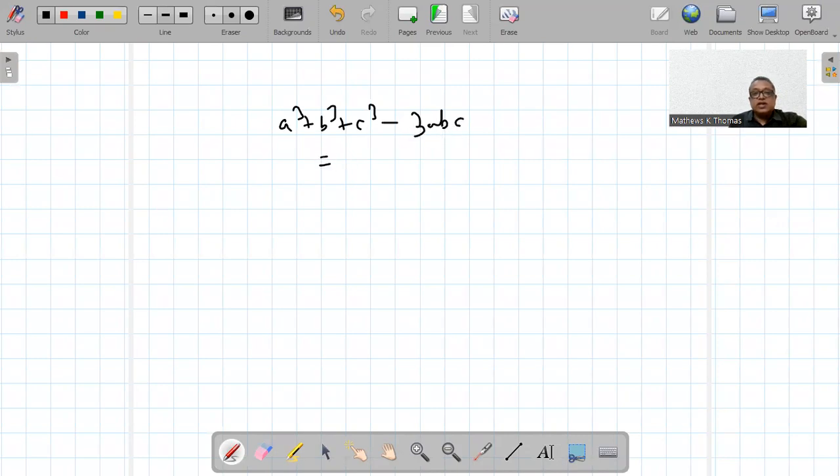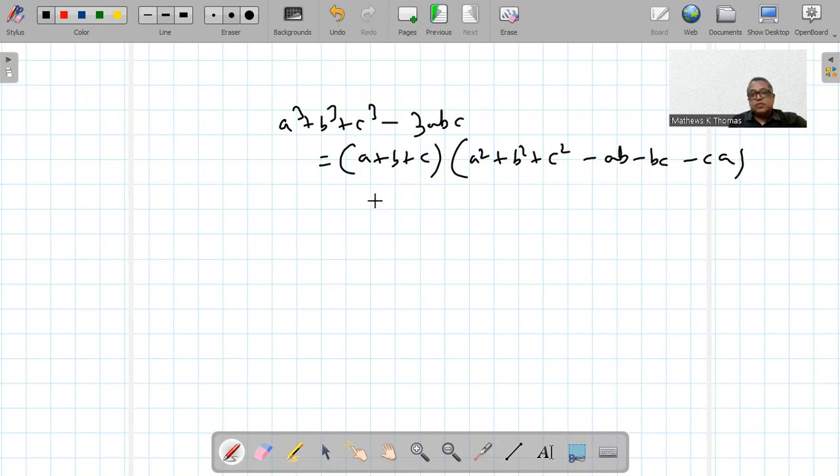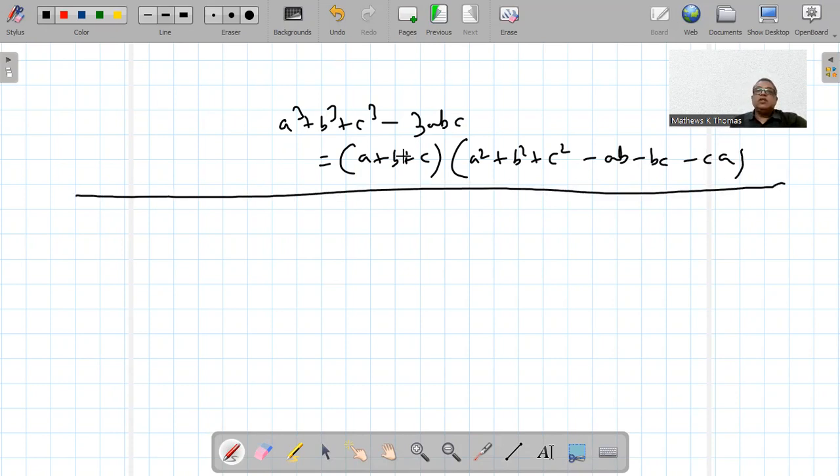This is another identity. Answer is a plus b plus c in one bracket, a square plus b square plus c square minus ab minus bc minus ca. Okay, this is the identity. So on the basis of this, we have to do question number 11.